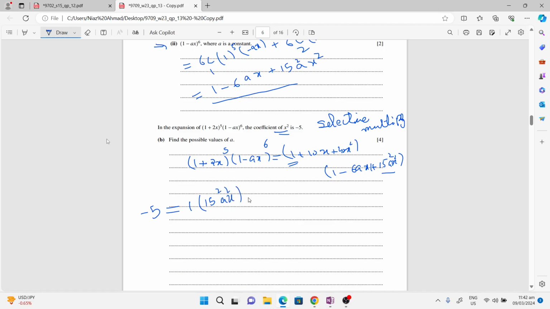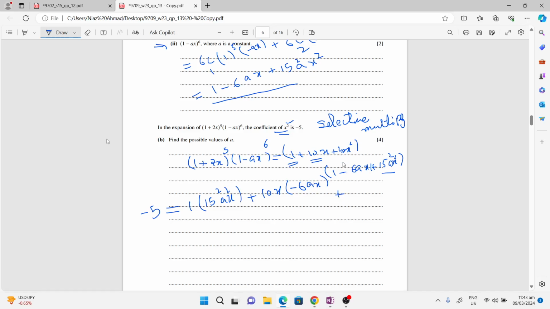x square, plus then I am doing my selective multiplication. I'm not going to multiply all of the things to get messy things, I don't want to make things complex. So I'm taking 10x. When I multiply with negative 6ax, it will give me the x square term. So when you multiply this term with this term, you will get the x square term.